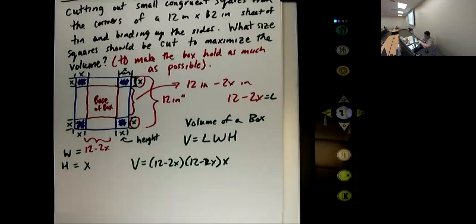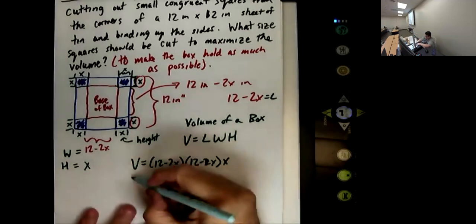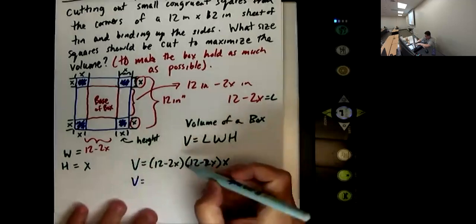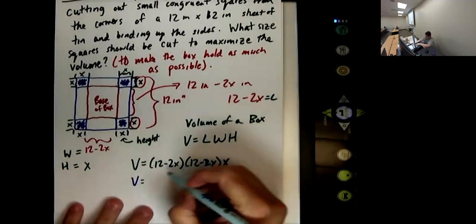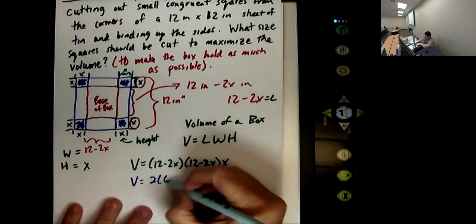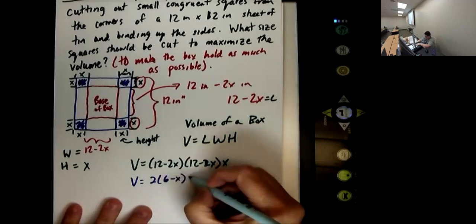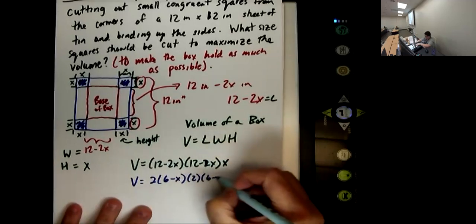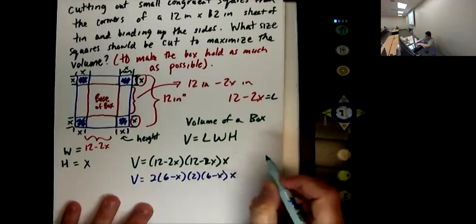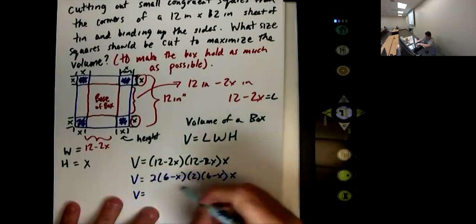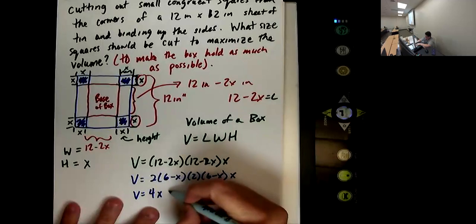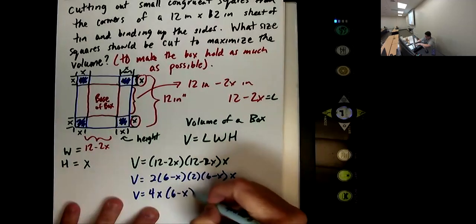Now, I'd probably make my work a little bit easier, factor out a 2 out of each of these, and then rearrange it to say 2 times 2 is 4x, (6 minus x) squared.